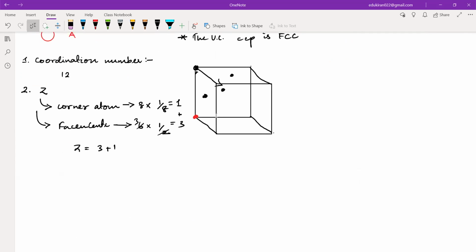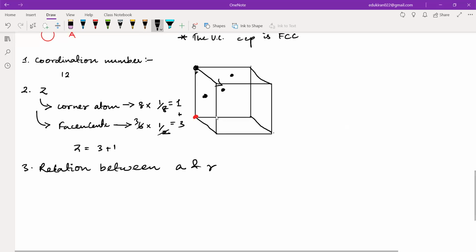And then you have to find the relation between A and R. And please remember, these are the atoms that are touching each other. And hence you have to find the relationship between A and R using these 3 atoms that are present: the corner, face center, and then again corner.